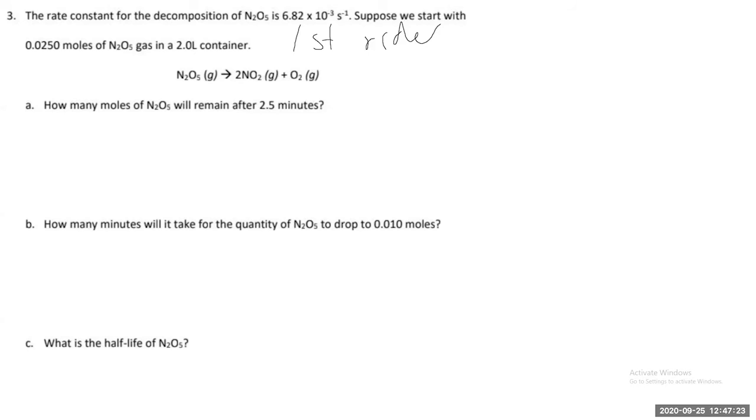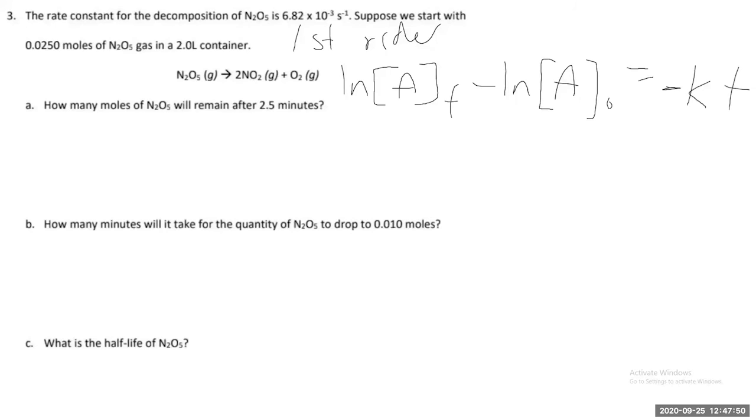The equation for first order decomposition, at least, is ln of the molarity of A at a certain time that you're measuring at, minus ln of your initial concentration, and that's going to be equal to your negative K value times delta T, the time it took to get from your initial time to the time that you want to measure. So doing this, we can just figure out what we want from part A.